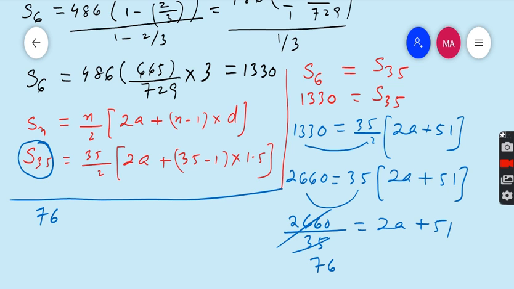So 76 minus 51 upon 2 is equal to a. And finally a is 12.5.